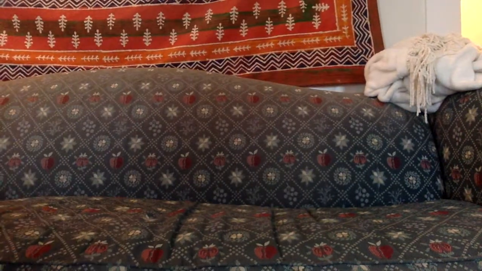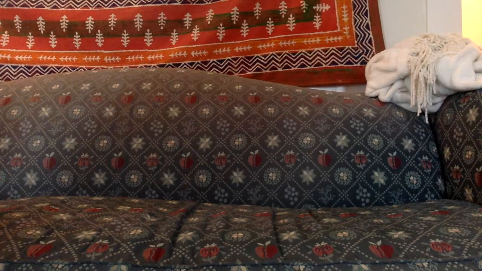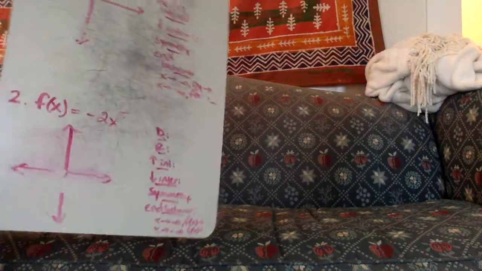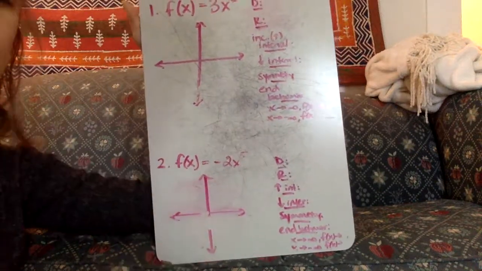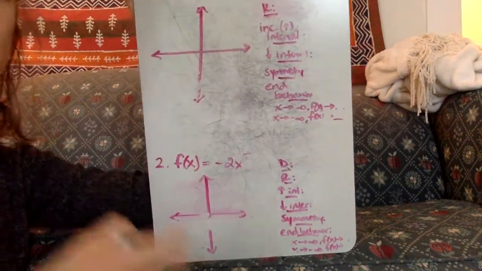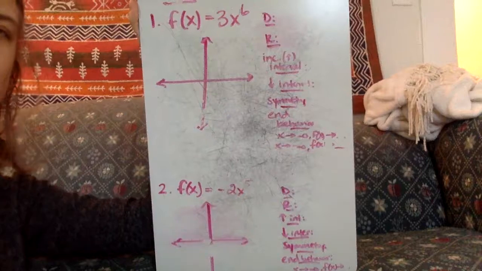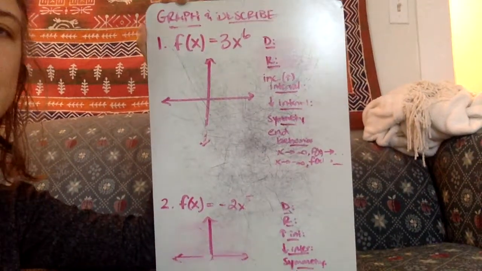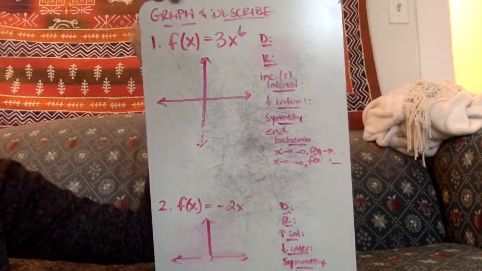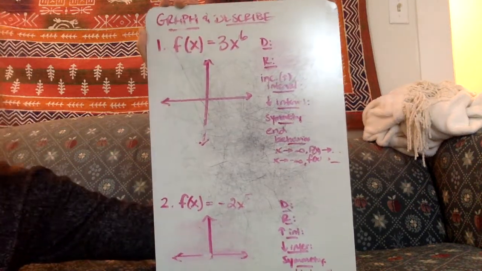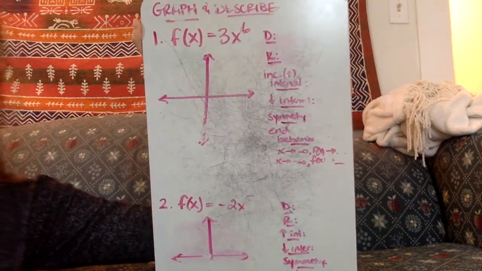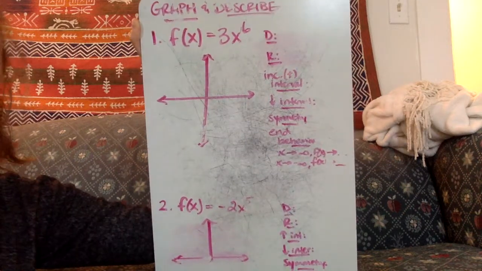So let's do a couple of examples using our knowledge of parent functions and graphing. We're going to start doing some domain and range, get back into increasing and decreasing intervals, then describe the symmetry and then the end behavior finally. So we're looking at this function 3x to the 6th.